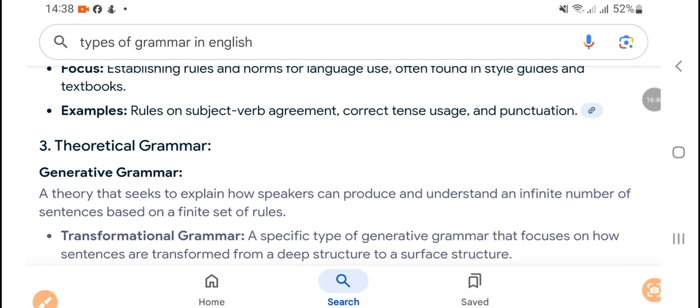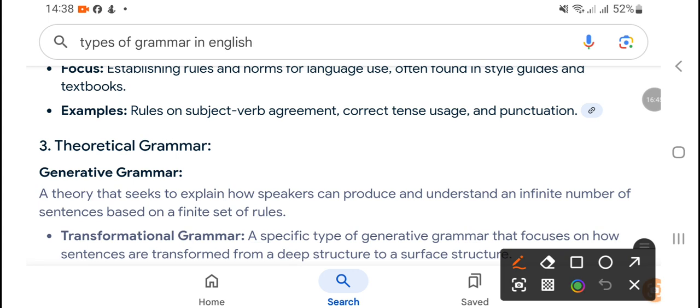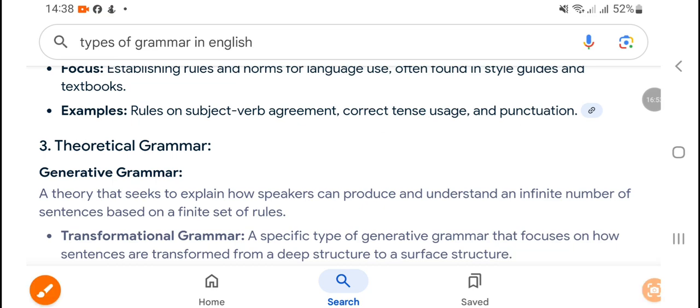Example, rules on subject verb agreement. Correct tense, usage and pronunciation, right? Correct tense you have to use, correct pronunciation you have to use. So that is subject verb agreement.